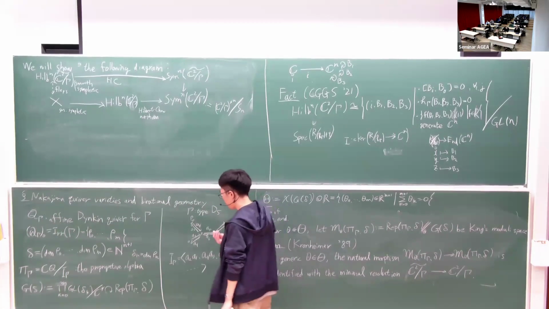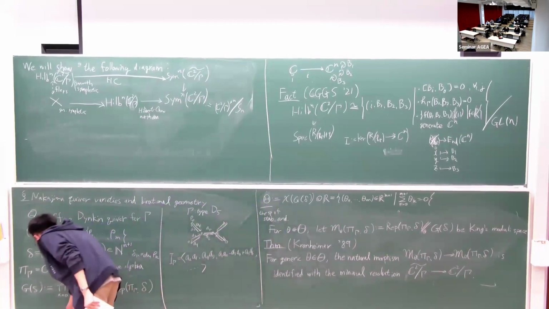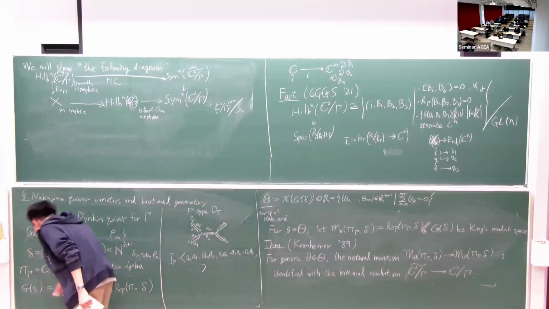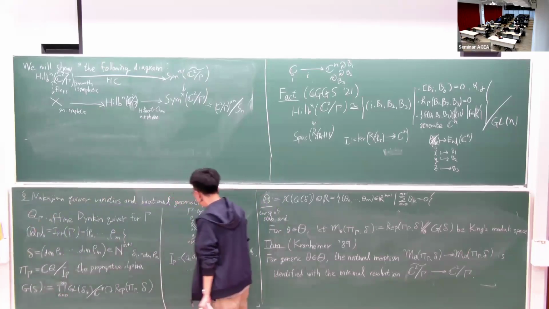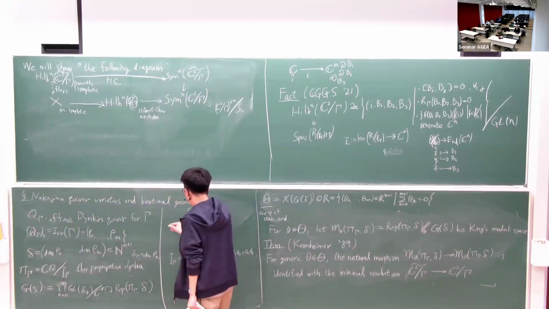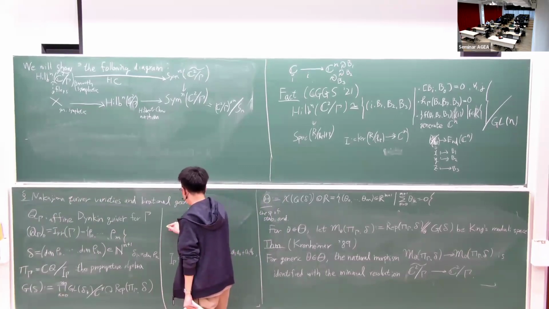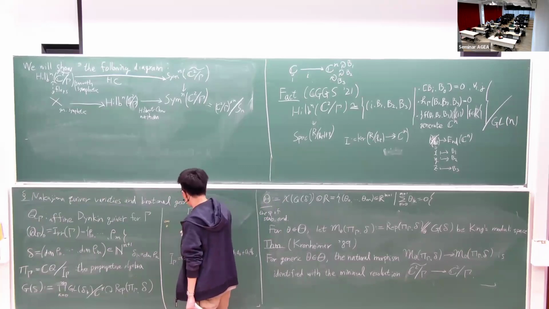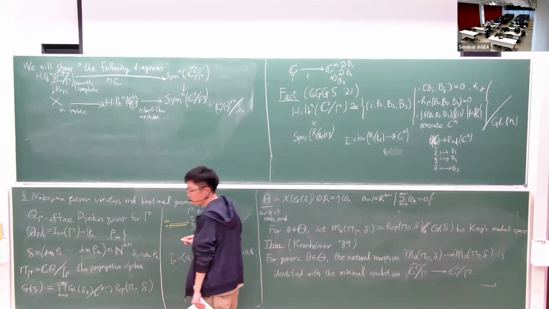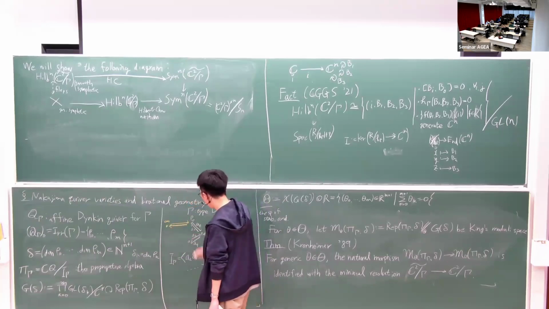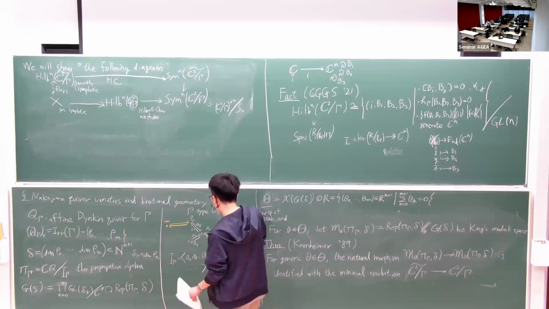So we change the color. We introduce a new extra vertex here, often labeled by infinity, and we also consider two arrows in the other directions.